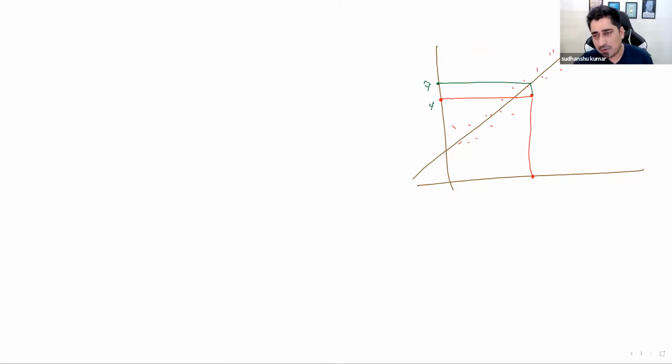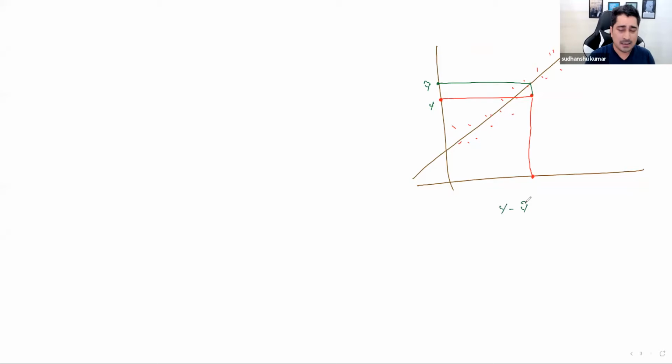Now let's suppose the equation of this straight line is Y equals mx plus c. So Y hat is equal to mx plus c. If I ask you what the difference between actual data and predicted data is, can I say Y minus Y hat, or vice versa?